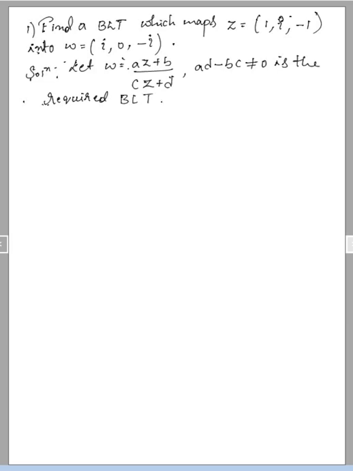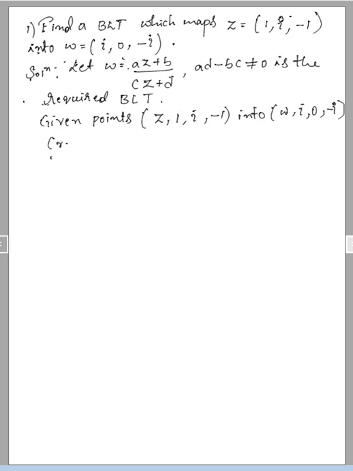Then write down the given points. I will represent the given points in the form Z: 1, I, minus 1 into the W plane of the form W: I, 0, minus I. So these are the given points.